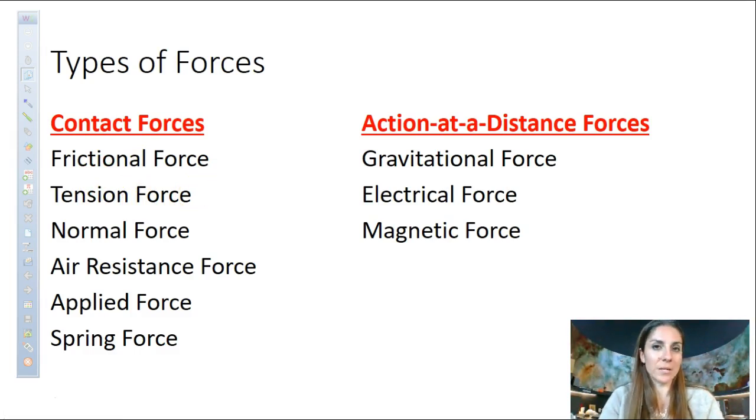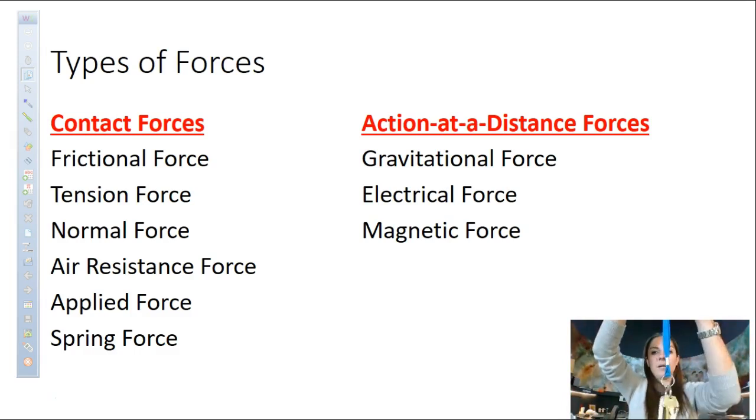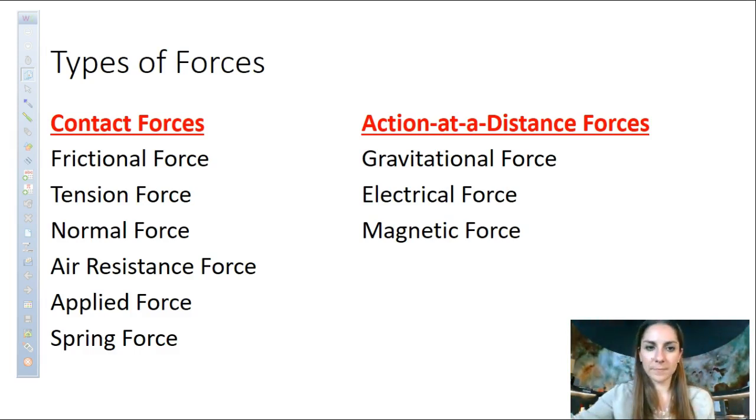So anytime something's being hung by, here's an example right here. You could see my keys right here. This would feel a tension right here because it's being pulled by my hand and down by gravity. So a pull apart is actually a tension. The normal force comes from any surface pushing against it.